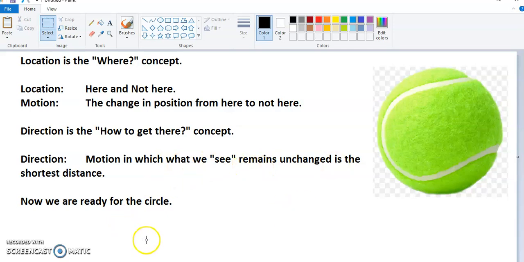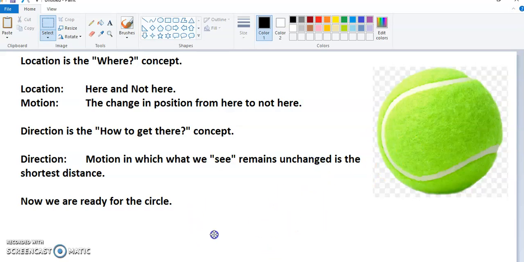So for example, if we were, let's say over here, where I've drawn this little rectangle, and we were approaching this tennis ball, then if we were staring directly at the center of the tennis ball, the distance between us and the tennis ball is the shortest distance. But if, as we approached the tennis ball, anything changed, then obviously our direction will have changed.